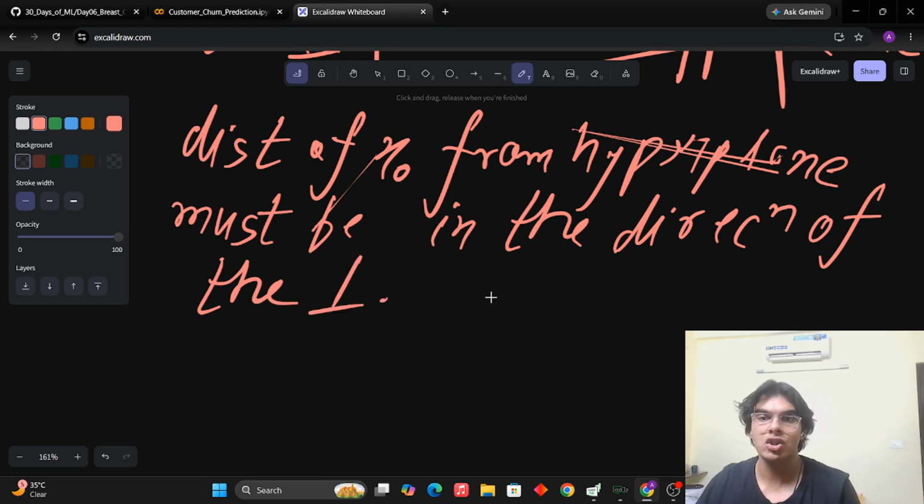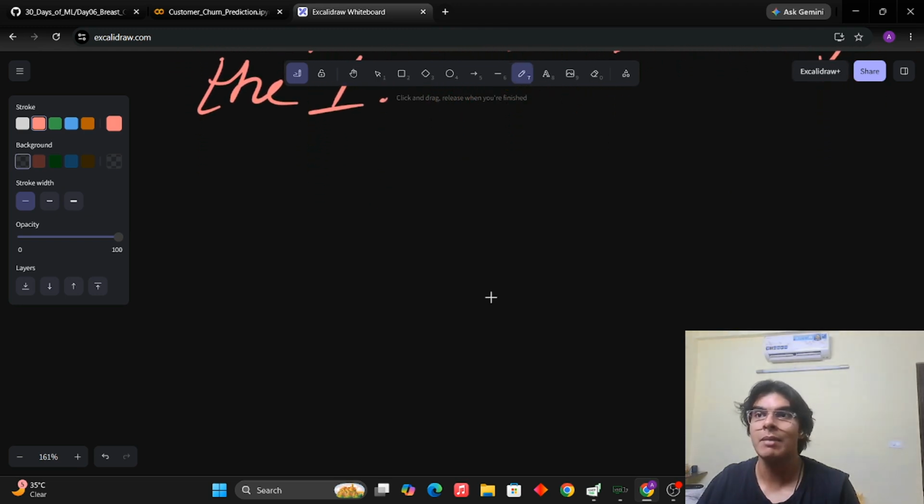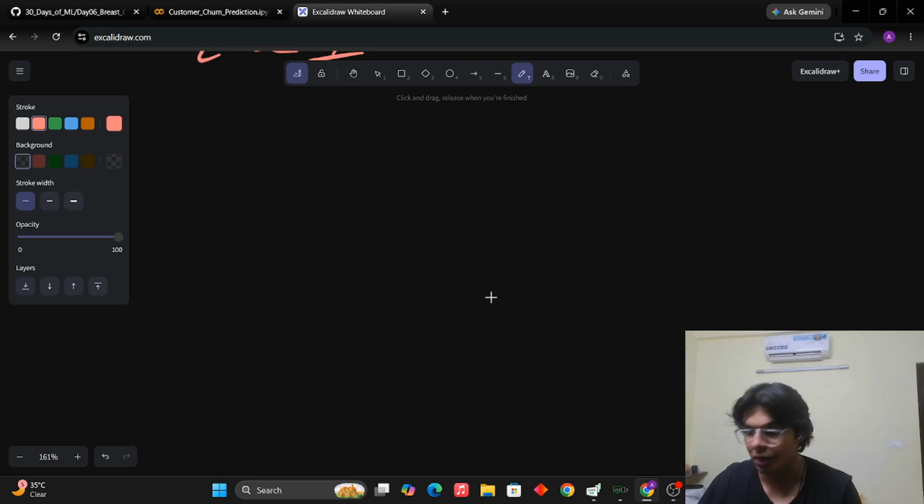So we need to find the direction of the perpendicular in order to get the minimum distance from x naught to the hyperplane.